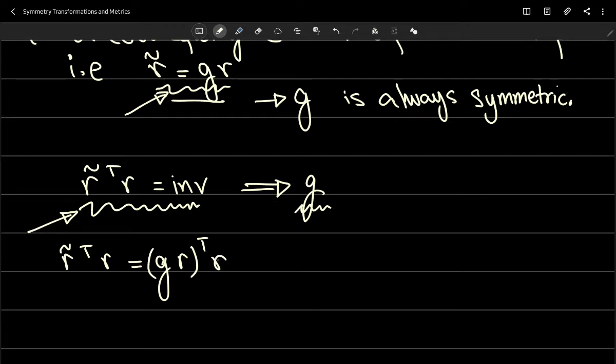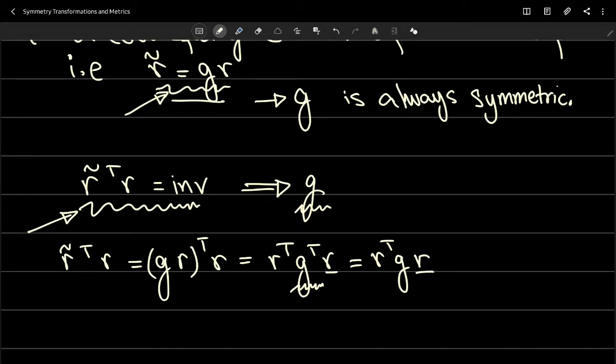and this thing is then simply equal to R transpose G transpose R. Now note that we said that G is a symmetric matrix, then G transpose is simply equal to G, the matrix G, and we have this R, right?